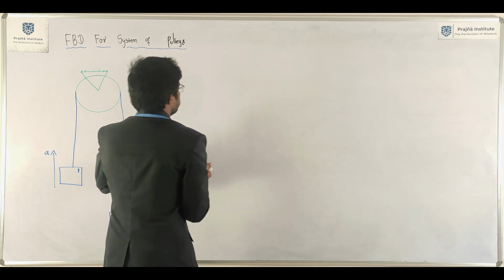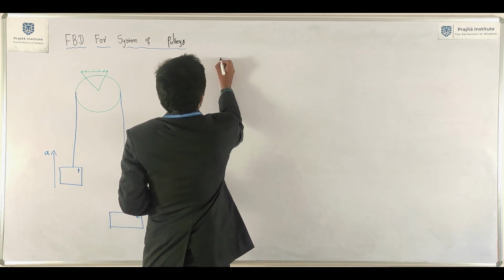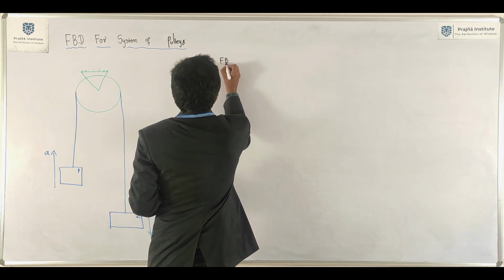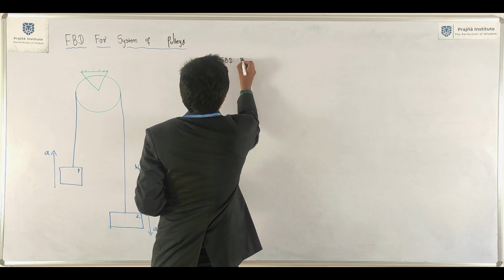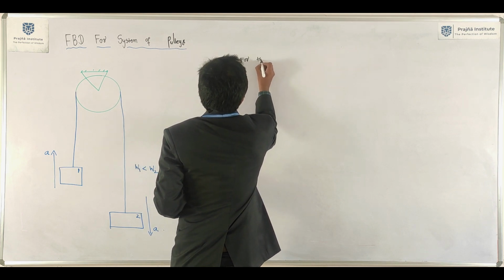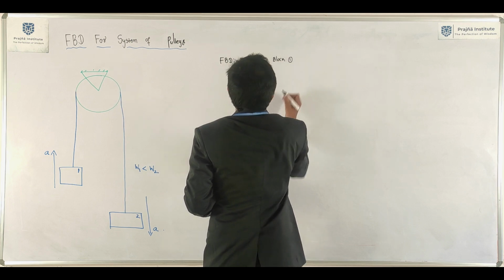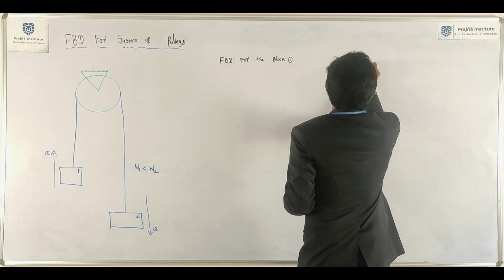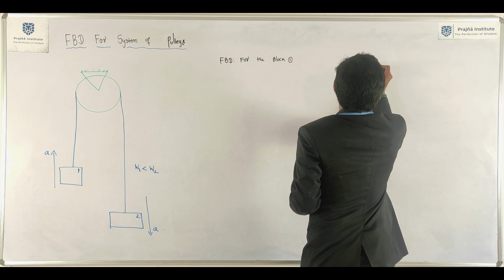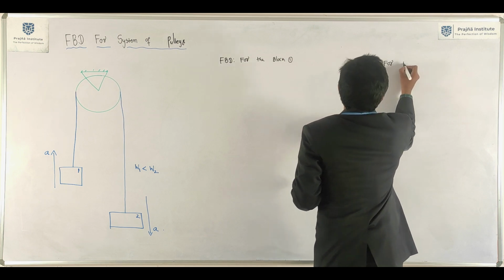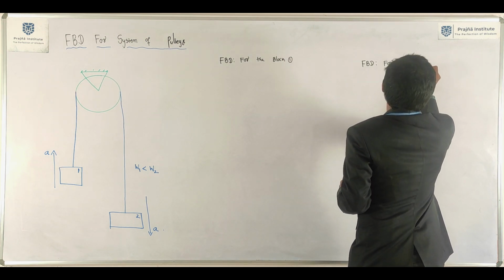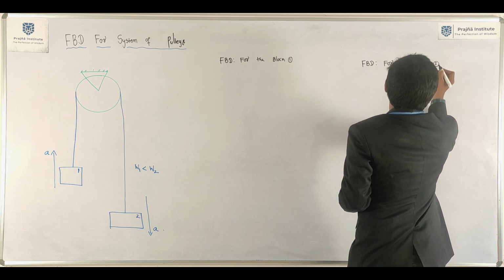Again, here, write down free body diagram for the block 1, free body diagram for the block 2.